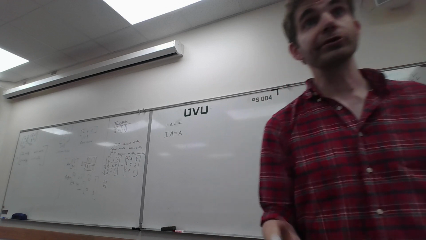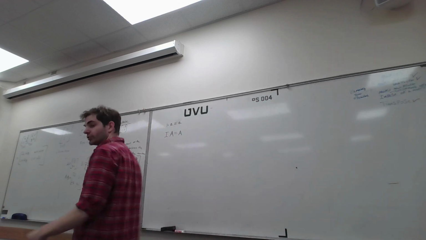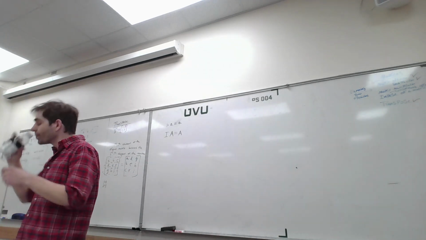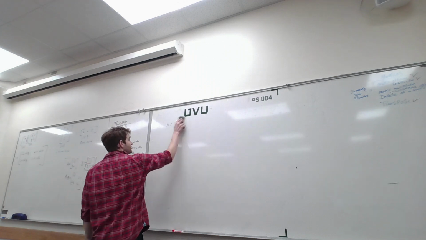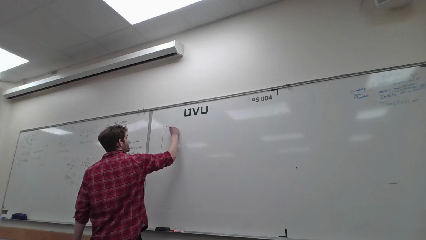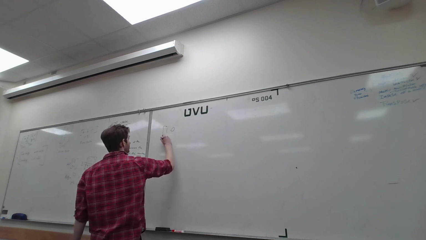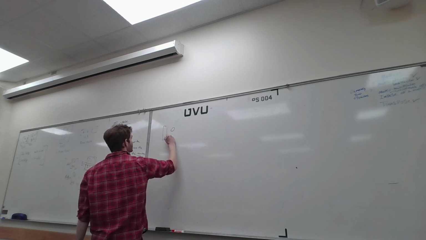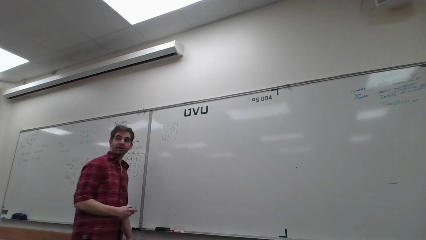It is the matrix equivalent to a 1 in scalar algebra. We'll stick with the 2 by 2 square matrices. A square matrix just means it has the same number of rows and columns. It looks like 1, 0, 0, 1. That is an identity matrix.